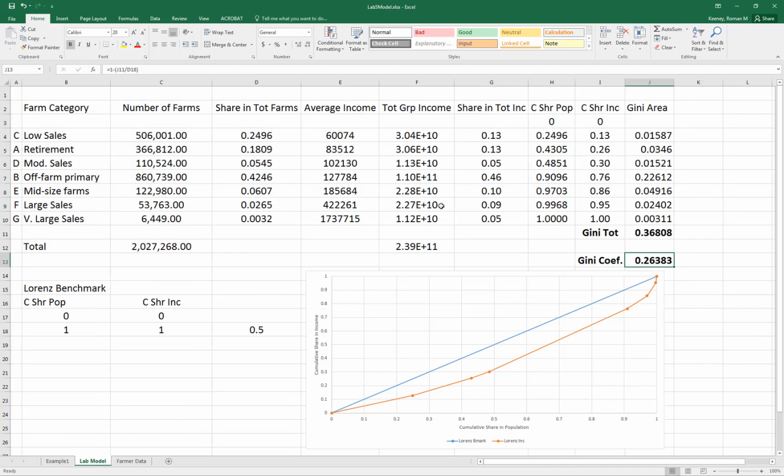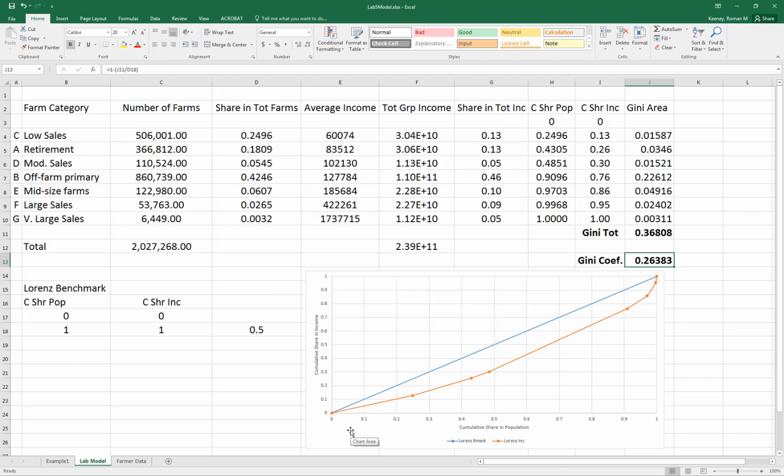If you choose to go the route of the ERS publication and saying something about off-farm income and how it's distributed, or on-farm income, then you can work with some of the numbers here, but you'll be changing the shares.